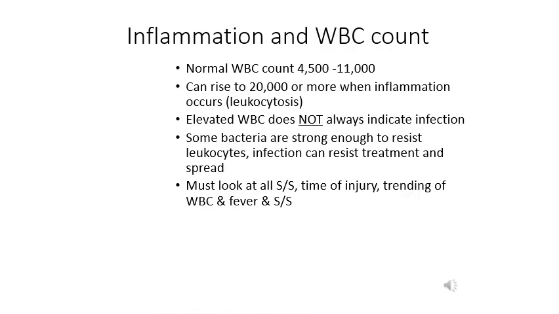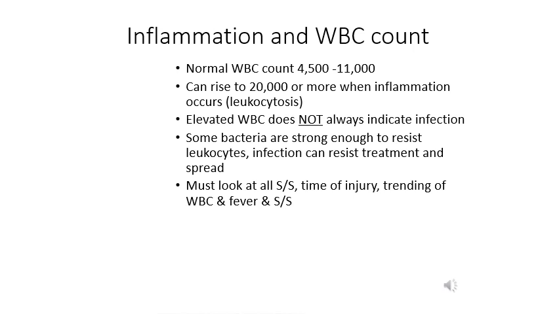So we're now going to get into the white blood cell count and differential. This first slide just talks about the normal WBC, 4,500 to 11,000. Obviously, those ranges can vary slightly from source to source. If we're getting above 20,000, we would most likely call that leukocytosis or that elevated white blood count.